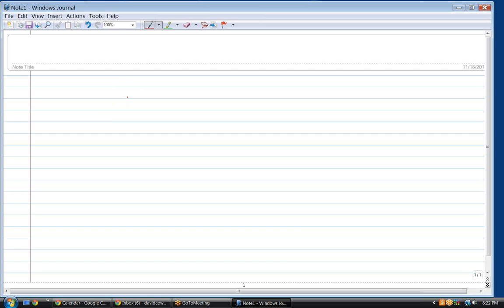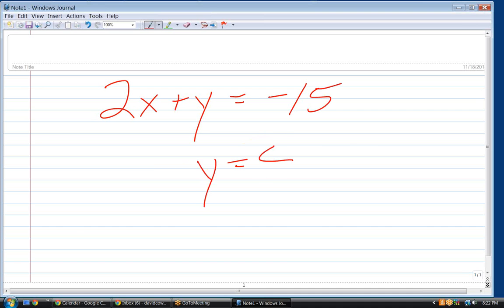There's one that's 2x plus y equals -15. And then the other equation is y equals 5x plus 6. Okay. Whenever you have two equations and two unknowns, as you know by now, there's two choices.